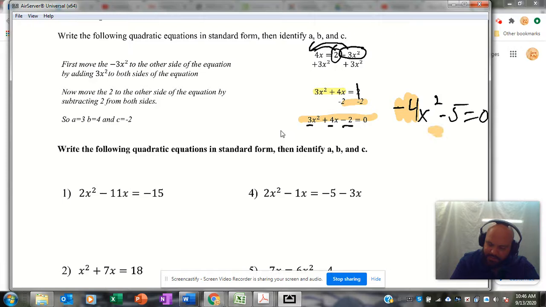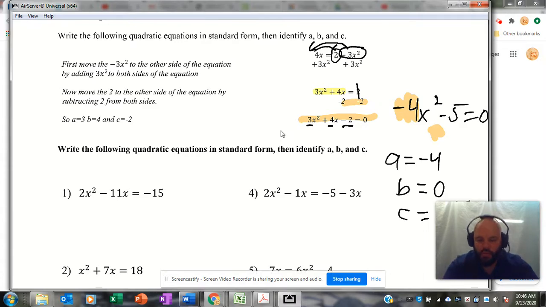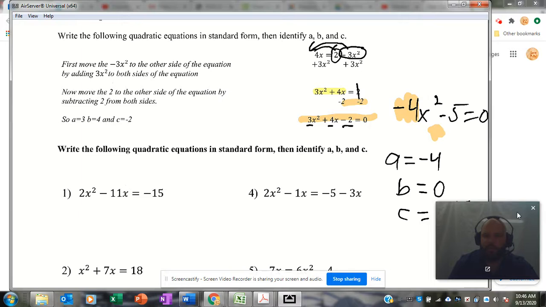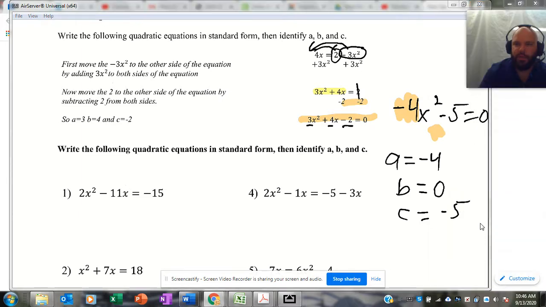But in this case, there is no x term here in the middle. So when you write this out, you would write A equals negative 4, but then you would write B equals 0. And then, of course, C is the constant term, the one that does not have a variable by itself. You can see C is negative 5.